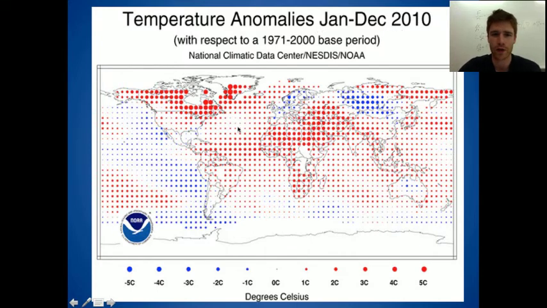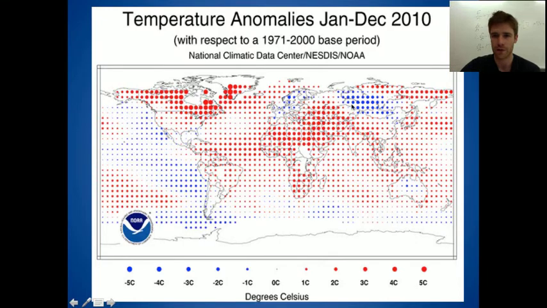And what this map is showing is locations on the globe that were above average and locations of the globe that were below average in terms of temperature for 2010. So keep in mind, 2010 is the warmest year on record in the instrumental record, so going back to the 1800s. But that does not mean that every single location on the surface of the planet was warmer than average.